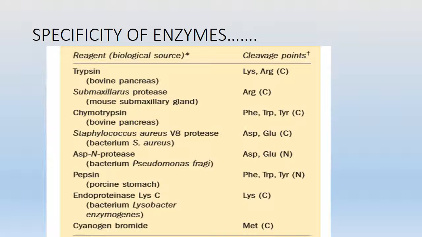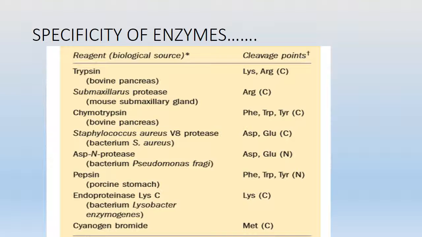The second basic concept that you need to know is the specificity of enzymes. Many enzymes cleave at particular amino acids only, and at a particular terminal, right? These are called the cleavage points. So we need to know that, for example, trypsin from the bovine pancreas cleaves only at lysine and arginine.